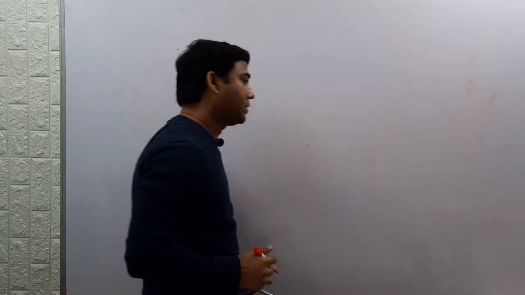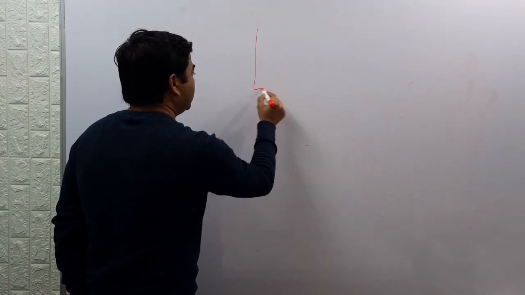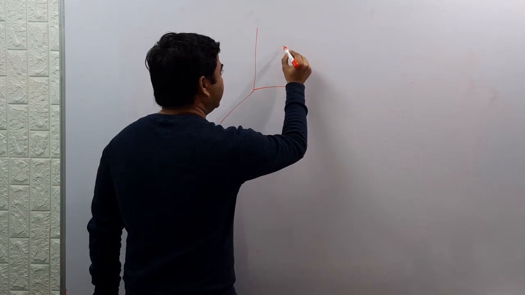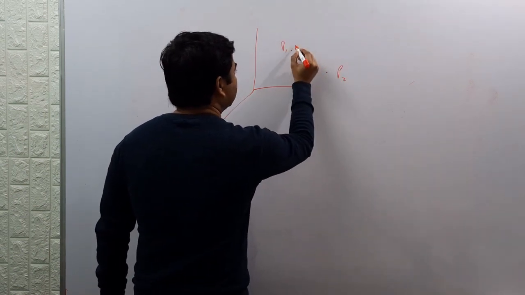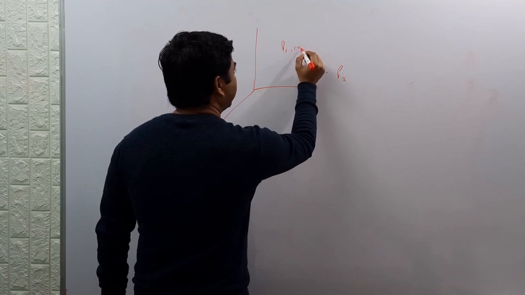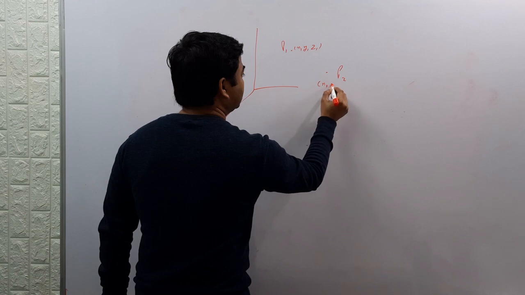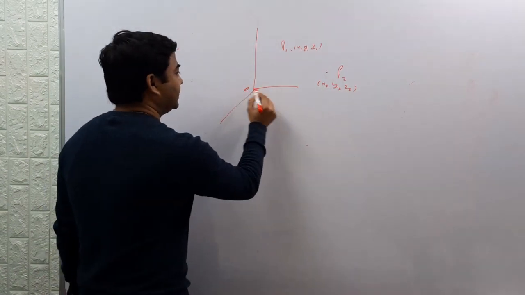Similarly, we will find a vector in the Cartesian coordinate system joining two points. Let this be point P1 and this be point P2. The coordinates are x1, y1, z1, and x2, y2, z2.